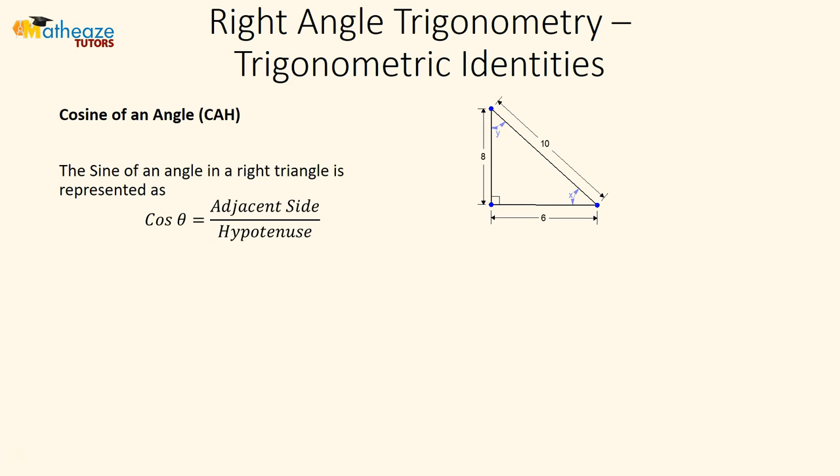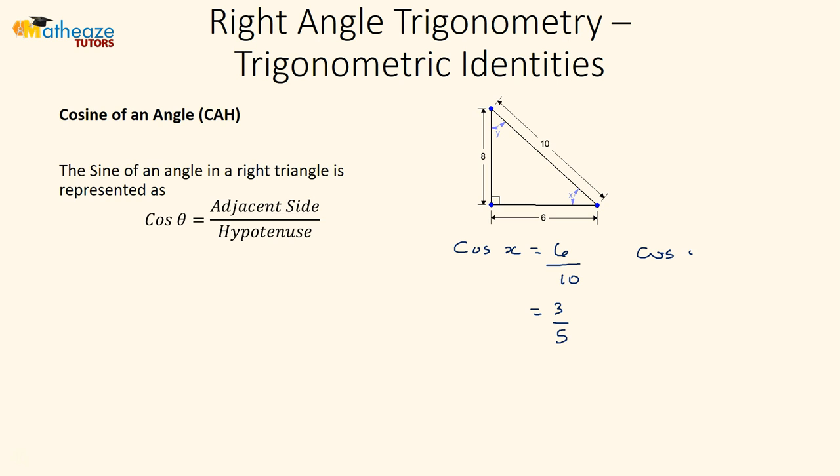So the cosine of the angle is giving us the ratio of the adjacent side to the hypotenuse. So in this right triangle here, the cosine of X is going to be the adjacent, which is 6, over the hypotenuse, which is 10, which is going to be 3/5.